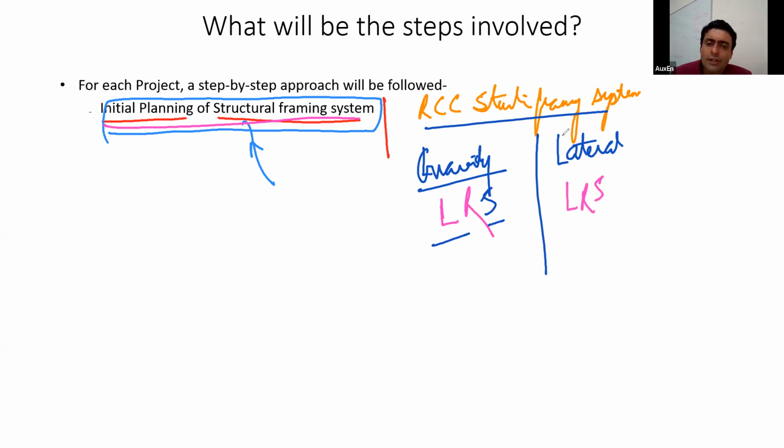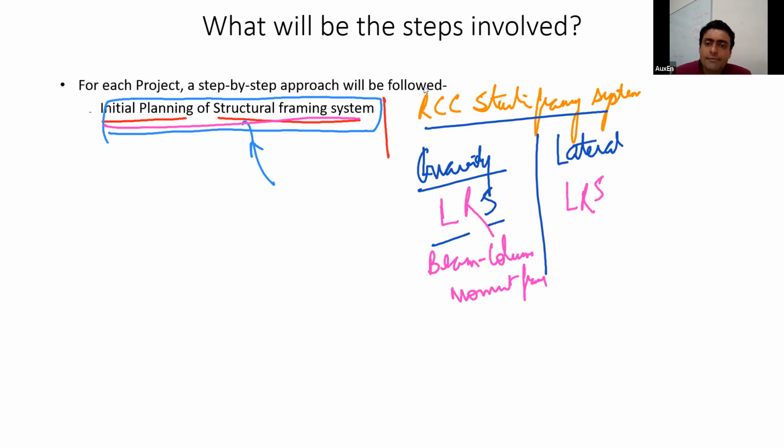So in RCC, what are your gravity load resisting systems? So you can have a simple beam column frame. What else can you have?